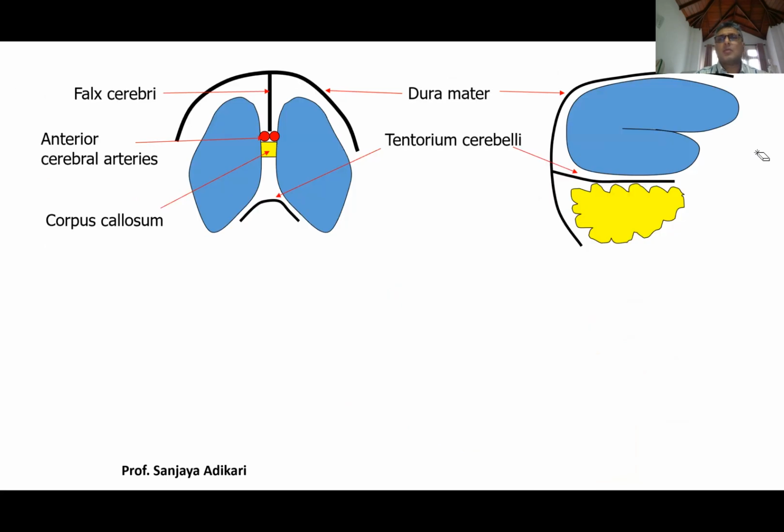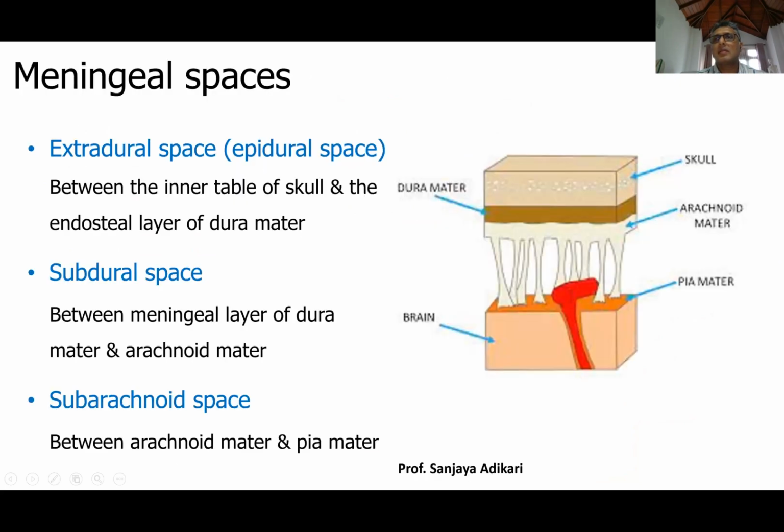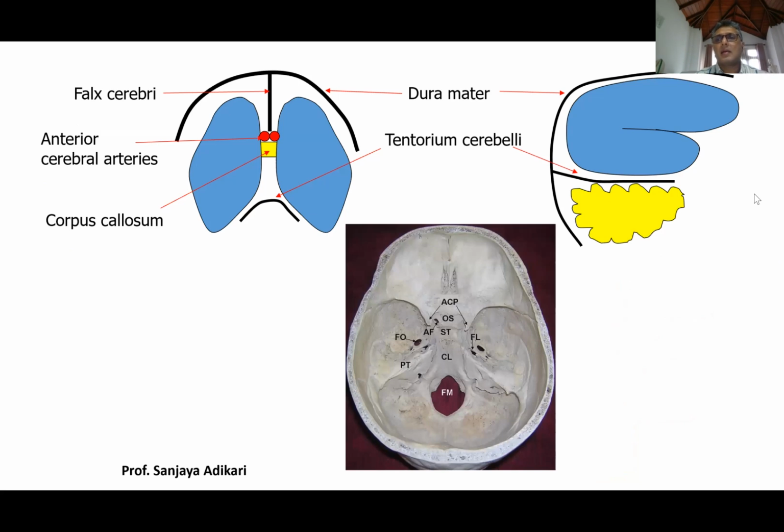Then about the dura mater. Now we mentioned during the last lecture that there are several extensions to the dura mater, like falx cerebri and tentorium cerebelli.